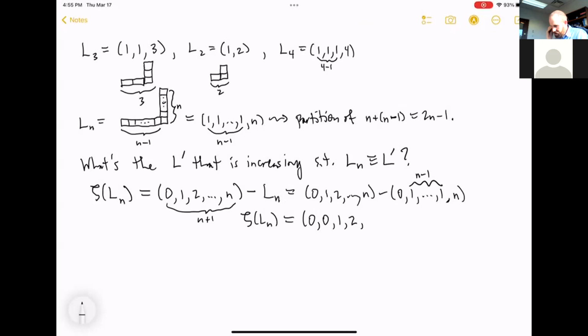Okay, so let's see here. 0, 1, 1, 1, 1, 1 through n. What do we get? So 0, 0, 1, 2, all the way up through, let's see here, it's going to be n minus 1 minus 1, because right here in the position right before it's n minus 1, and I subtract 1 to get n minus 2.